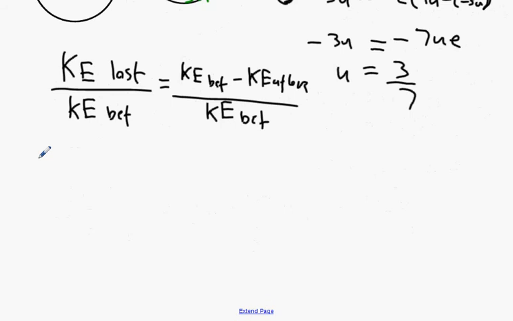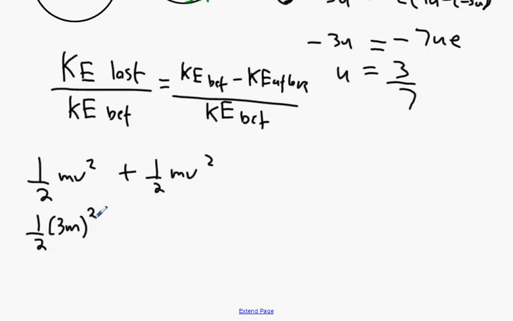So what is the kinetic energy before? There's two bodies moving, a half mv squared plus another half mv squared, but they're different masses and different velocities. So the first one's a half, 3m times its velocity, which was 4u squared.